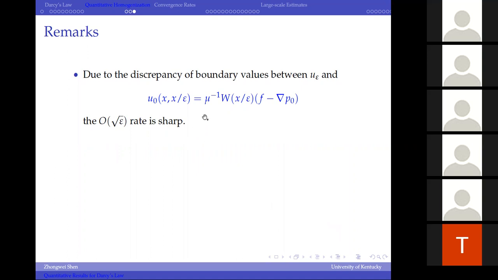This is because the solution vanishes on the boundary of omega, where the leading term in the asymptotic expansion does not.